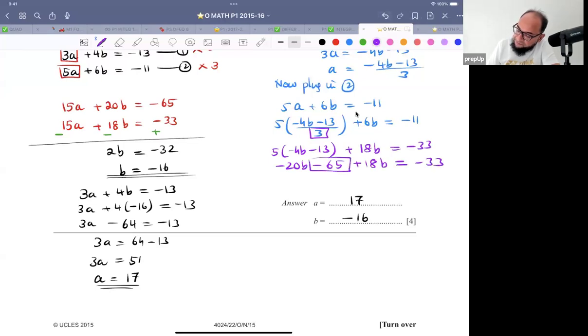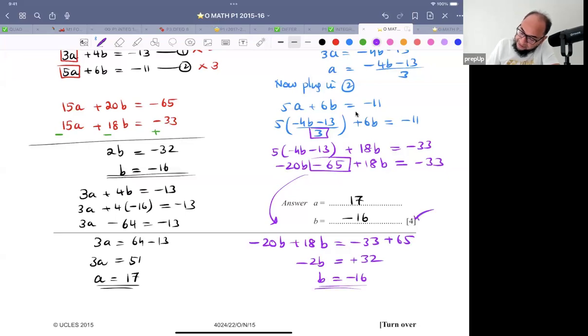Take this negative 65 to the other side. So therefore negative 20b plus 18b is equal to negative 33 plus 65. This comes out to be 32 positive, and this is negative 2b. Therefore b comes out to be negative 16, which is exactly the same as before.